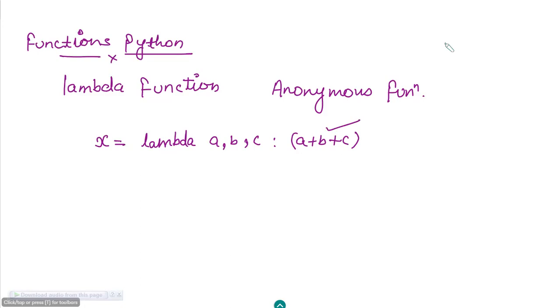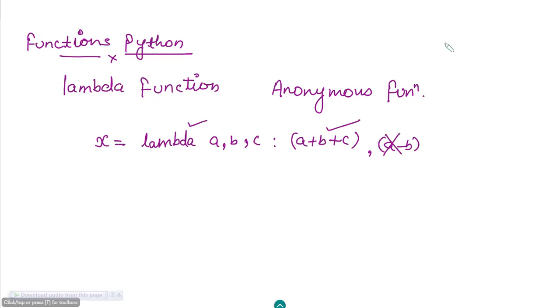You cannot write like that: this is the first expression and this is the second expression. That syntax is incorrect. You will pass only one expression, and variables can be anything.